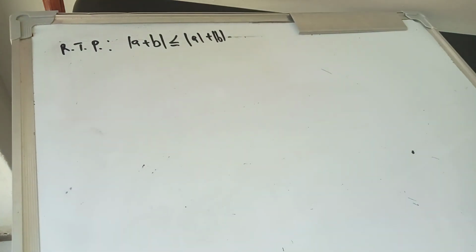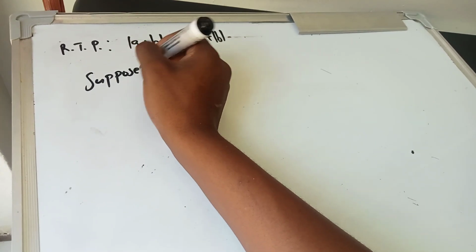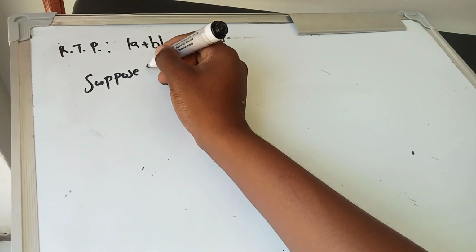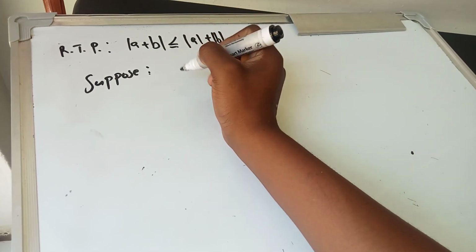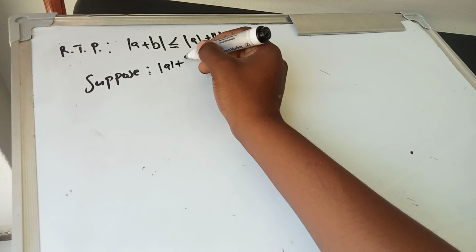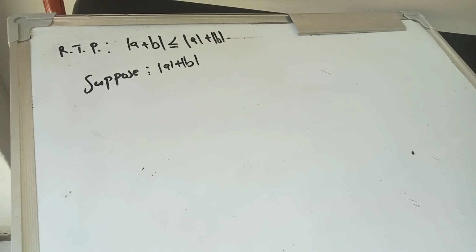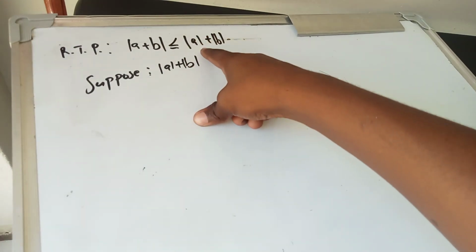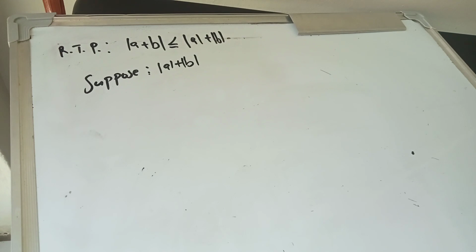That tells me that, suppose this guy right here, the absolute value of a plus the absolute value of b, is equal to this, then the square of this is equal to the square of this. But now let's do it this way.